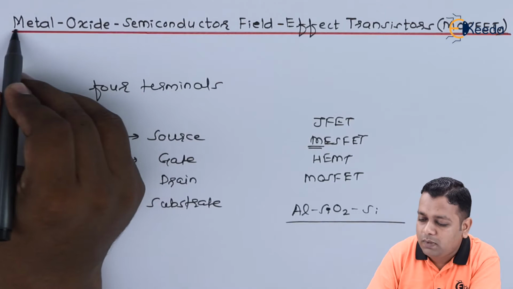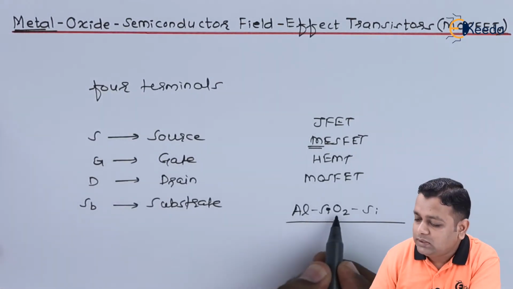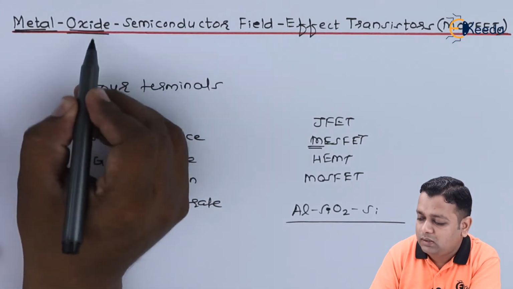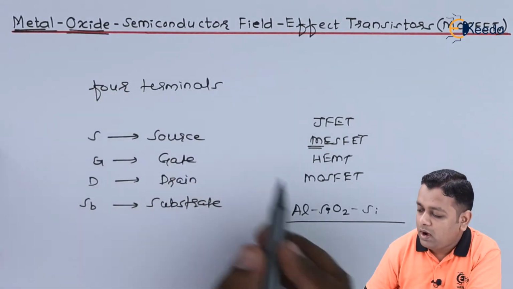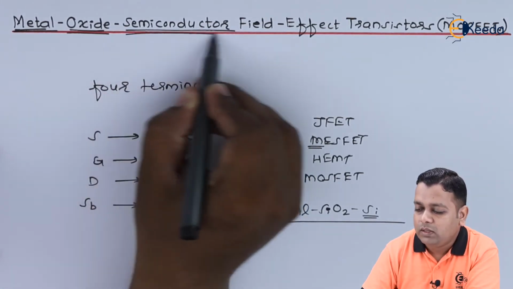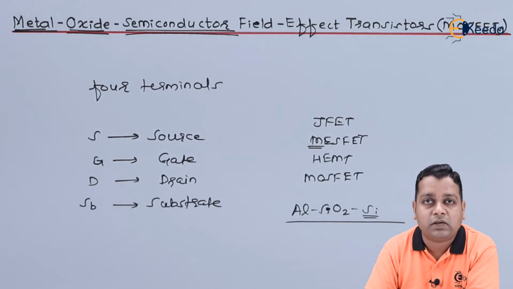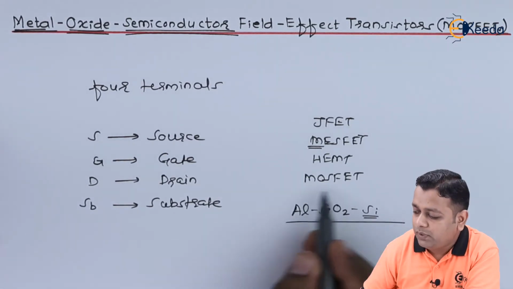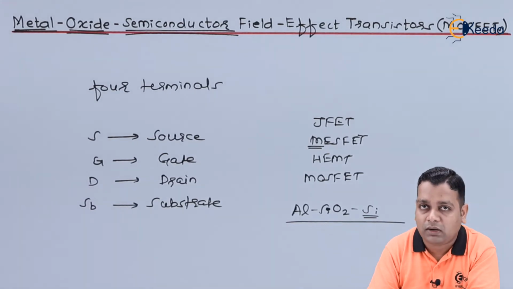So the first one, metal, is representing the aluminum. The SiO2 is the oxide for the silicon material we have, and then silicon is the semiconductor material. Instead of silicon we can also go for germanium or gallium arsenide material depending on the application at hand. So this is the simple structure that we shall see in the next schematic diagram.